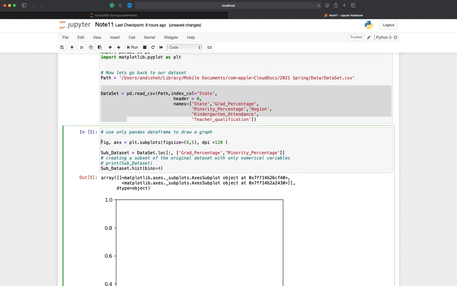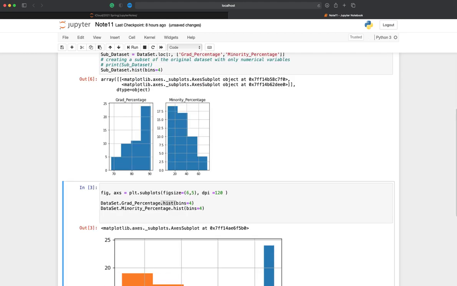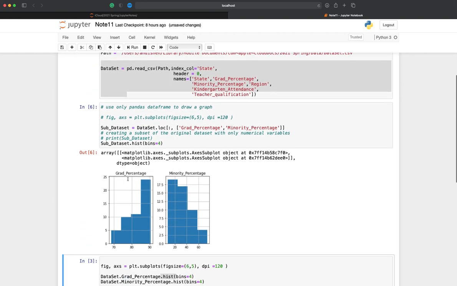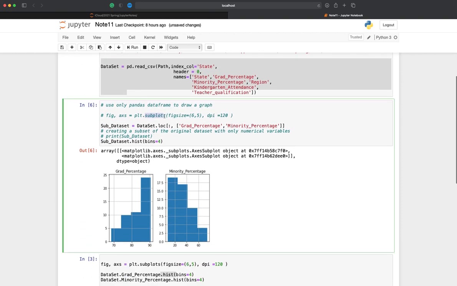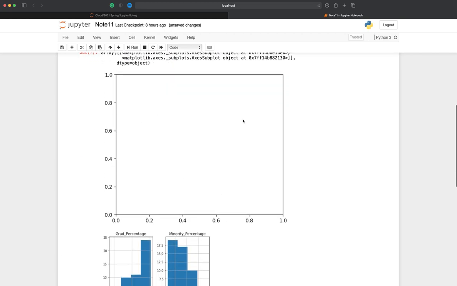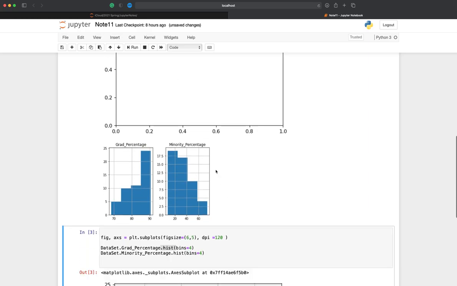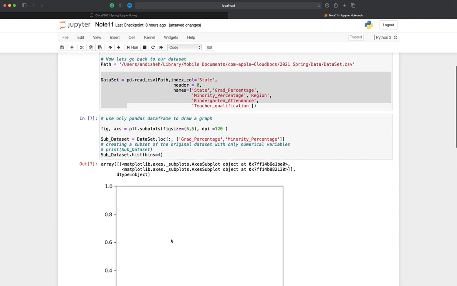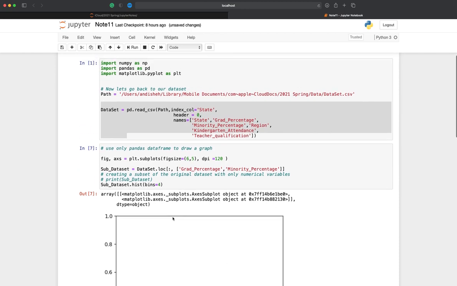I'm going to remove this to show you what happens. So by creating these subplots, I created a different figure. So this is an empty figure, this was an empty figure, and then because I don't have anything for the first, this one is still empty, right?